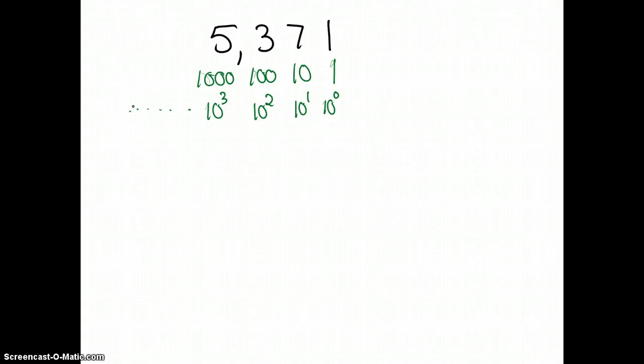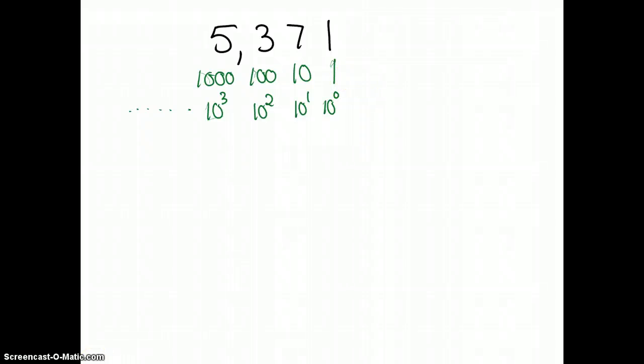For decimal, we're working in base 10, which means each spot is how many tens there are, or how many versions of the tens. So this is 5 thousands, 3 hundreds, 7 tens, and 1 one.